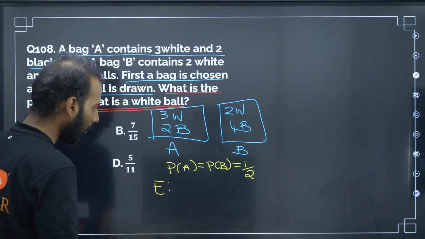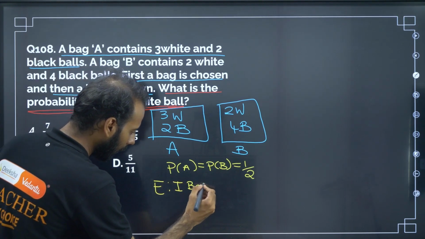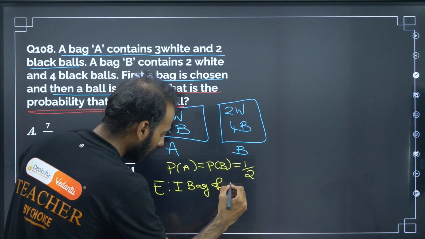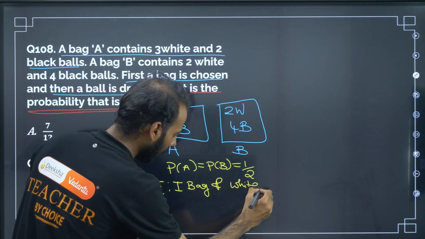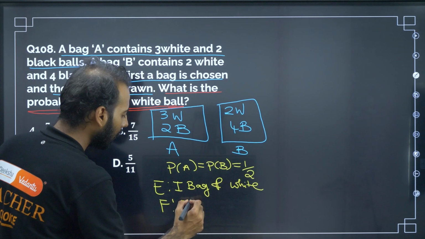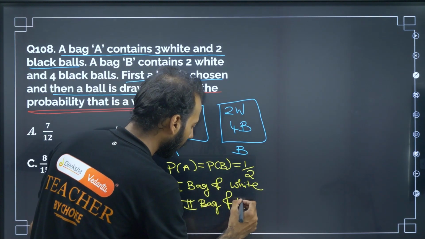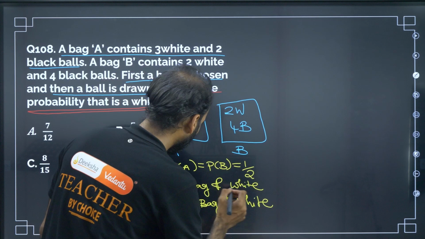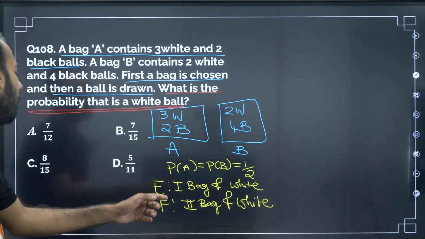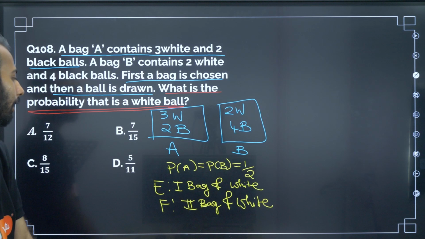Let E be the event of choosing first bag and drawing white ball. Next, F is an event I am defining: they may choose second bag and get white ball.